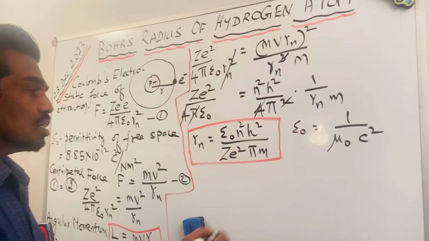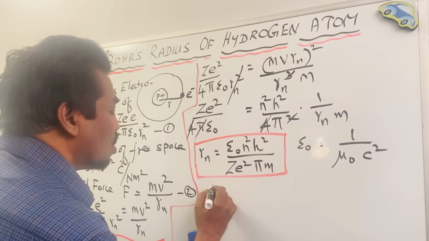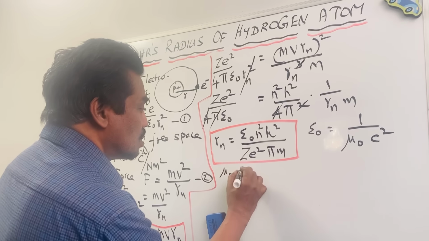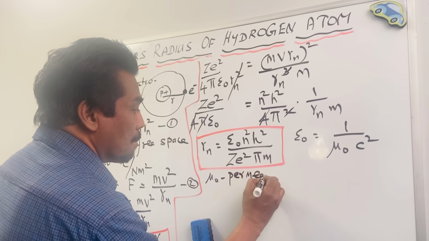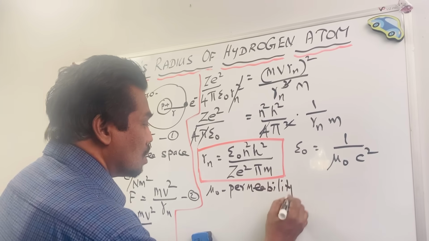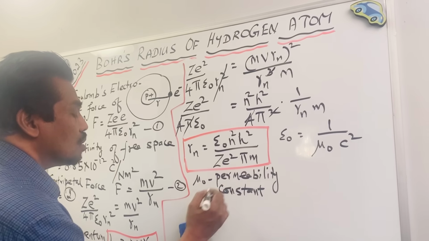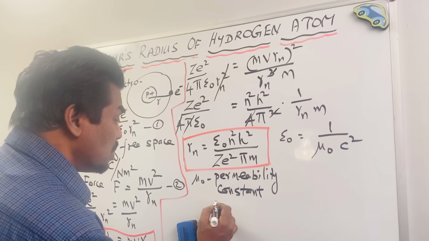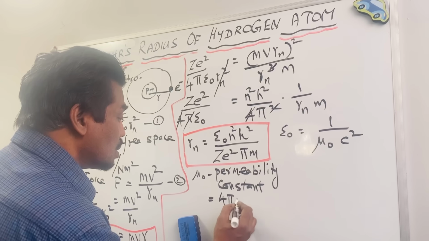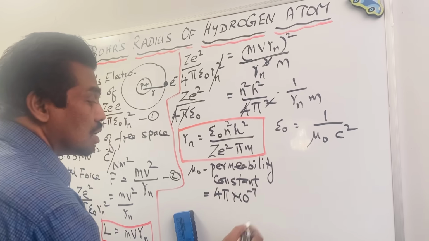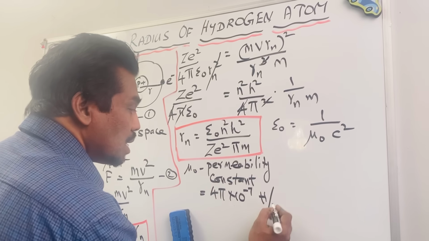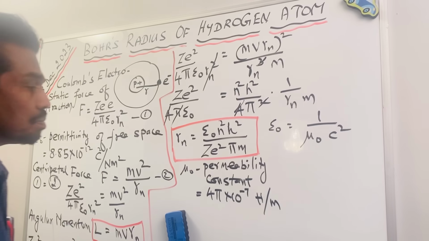Now what is mu 0? Mu 0 is the permeability constant, whose value is 4 pi 10 to the power -7 Henry per meter.